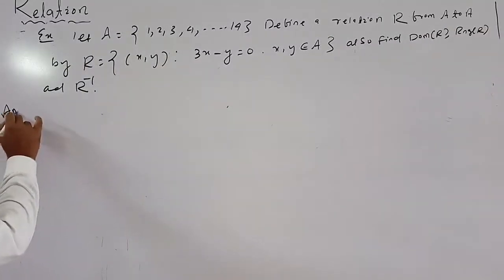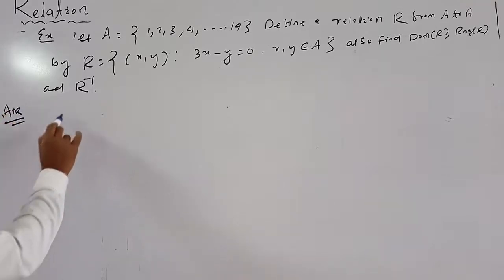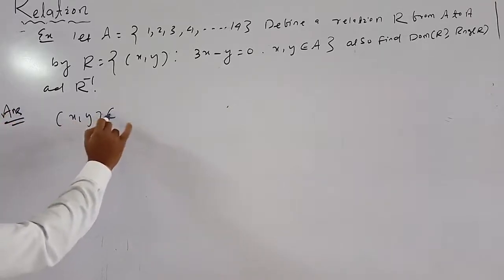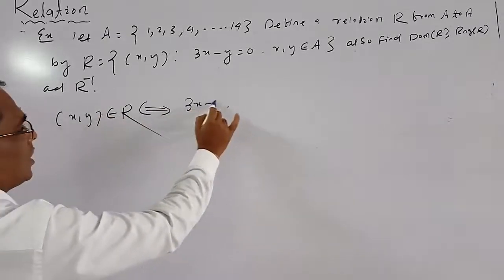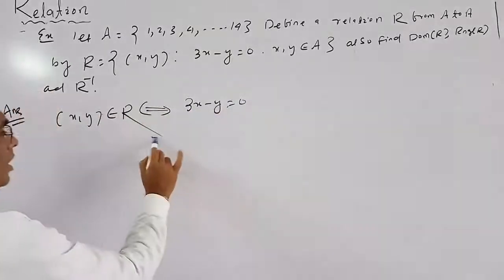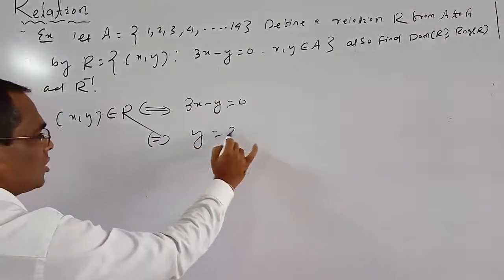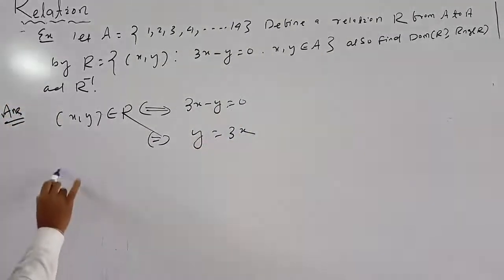Okay, so here the ordered pair (x, y) belongs to R means 3x minus y is equal to 0, which implies y is equal to 3x.